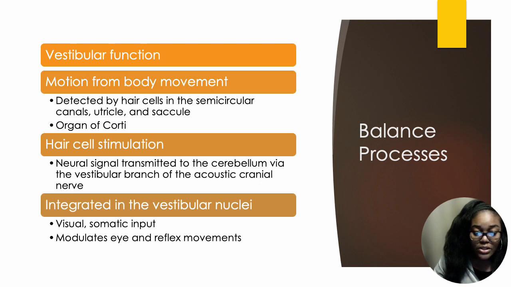When these areas are damaged, you may see some issues with balance with these individuals. And there are some integrations with the vestibular nuclei. You may see some visual input, somatic input, which is your touch and sensory there. And it does modulate to the eye and ultimately your reflex. So again, alterations of balance and vestibular function are more than likely caused by some sort of damage in these areas, particularly in your cranial nerves, in your cerebellum, or areas of that nature.